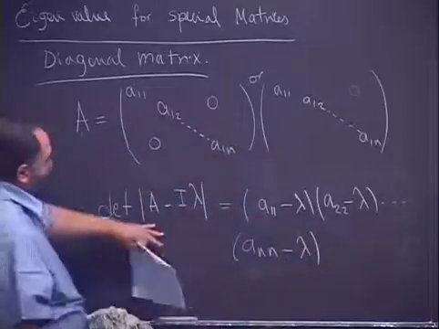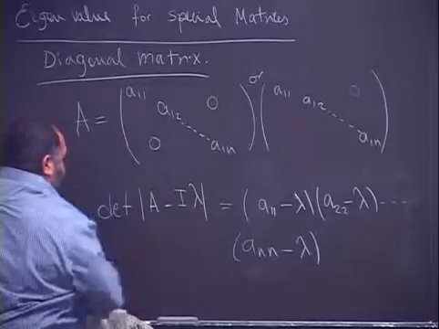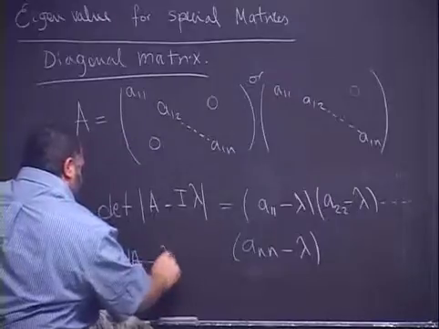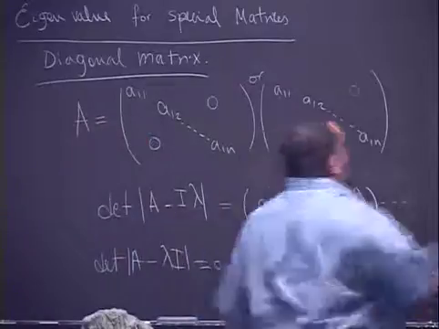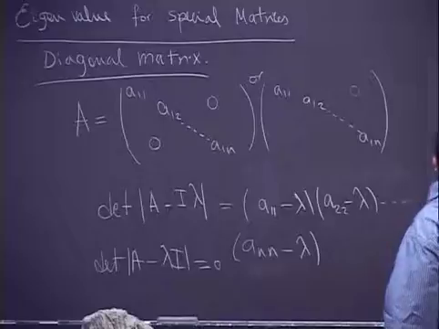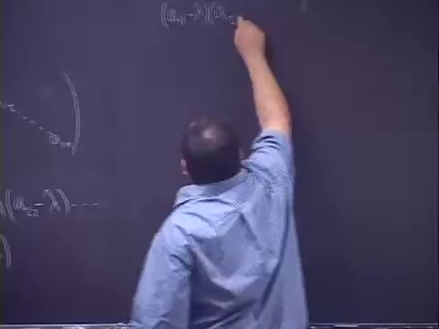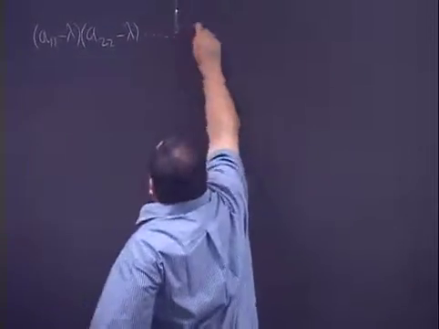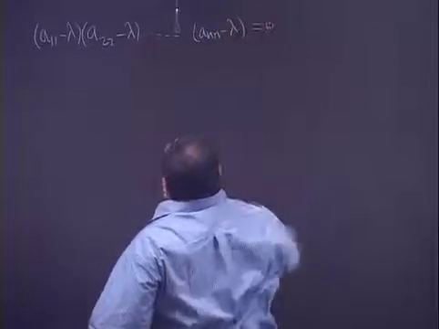And in order to solve for the eigenvalues, you have to equate this determinant to 0. So the equation will be A11 minus lambda multiplied by A22 minus lambda multiplied by Ann minus lambda equal to 0.